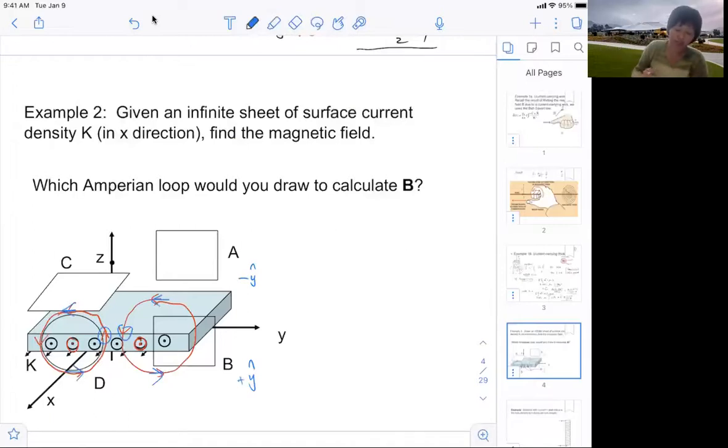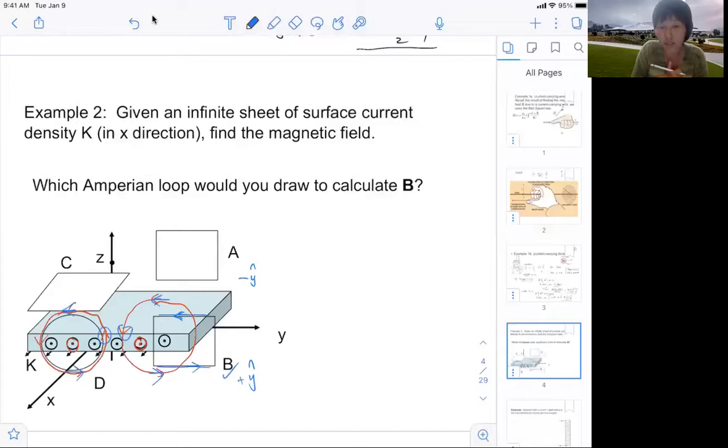So it's best to choose B, because on top you want your B field to be parallel to dl, and on the bottom you want your B to also be parallel to dl. So be very careful. This is not wrapping around, because you have many of these contributions giving you only the y direction.